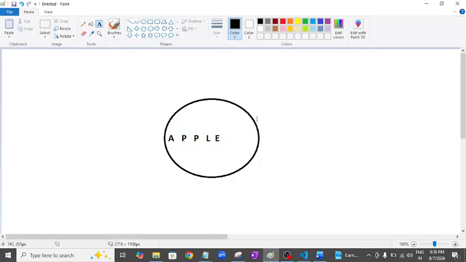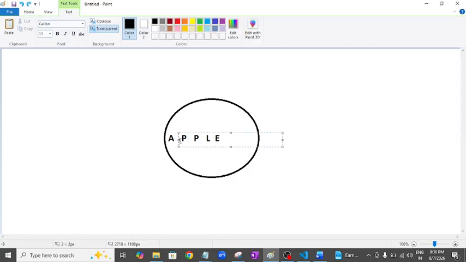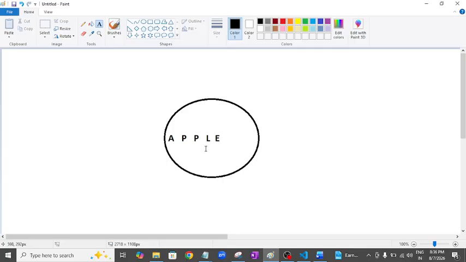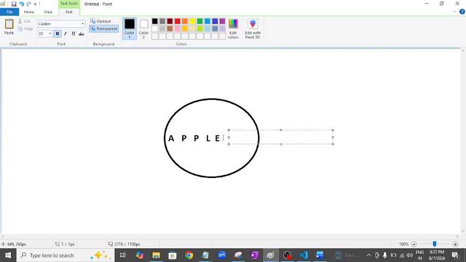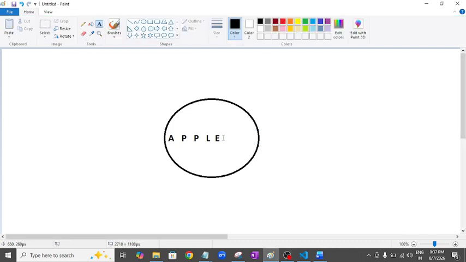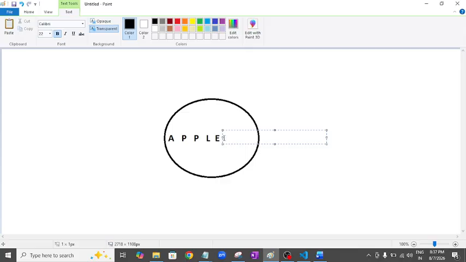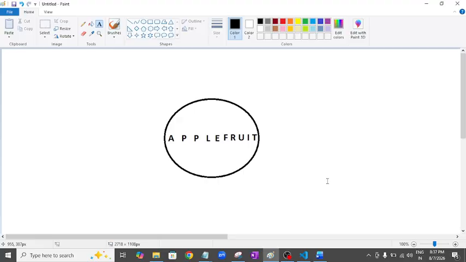Maybe this is not so exact, but that's okay. There is nothing like symmetry here, just ignore it. Apple fruit, F R U I T. This is apple fruit.